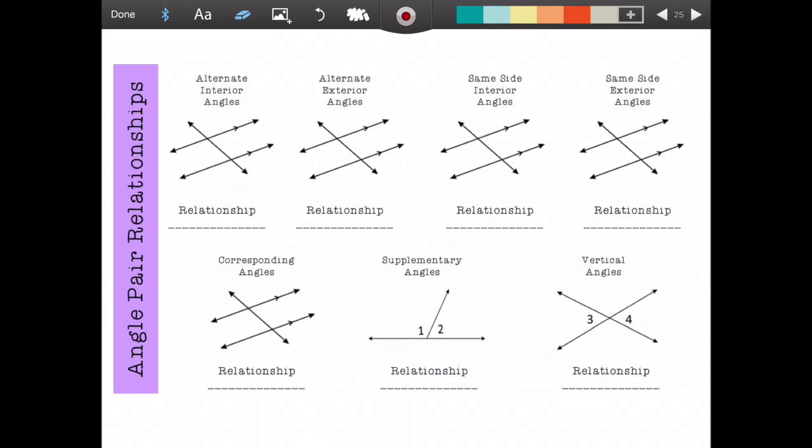So let's go ahead and talk about a couple of words. First off, I want to point out the word interior. Whenever you see the word interior, I want you to think of the word inside or in between. This is referring to in between or inside the parallel lines.